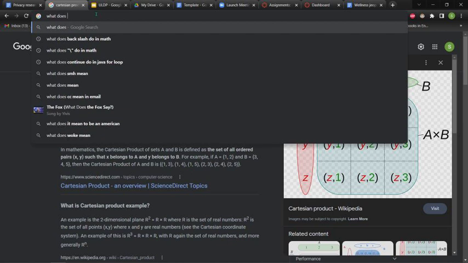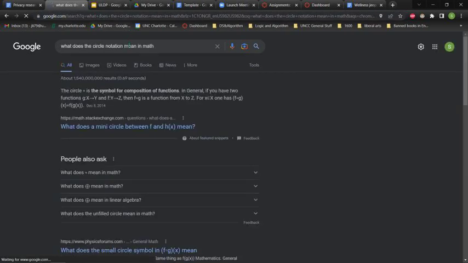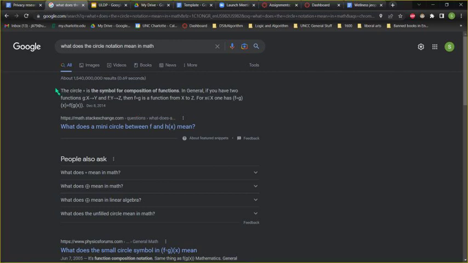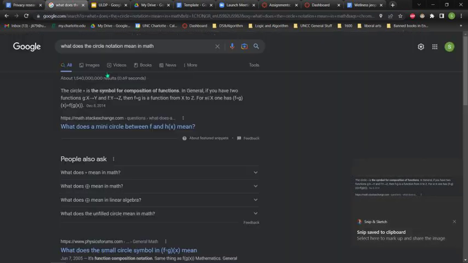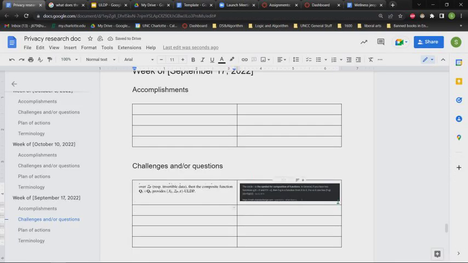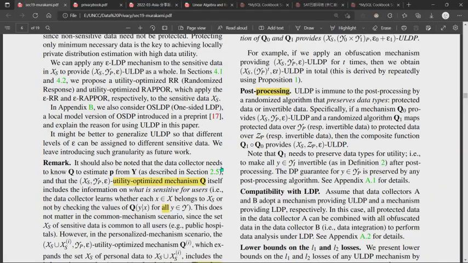What is the circle notation? I got it now. Okay.